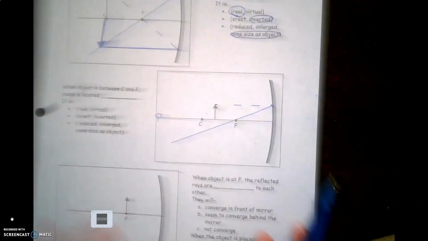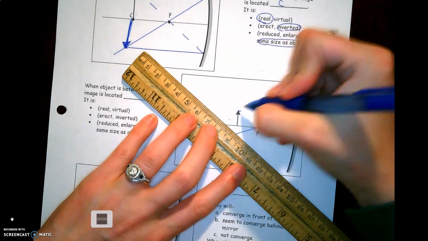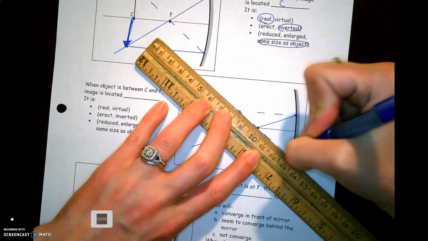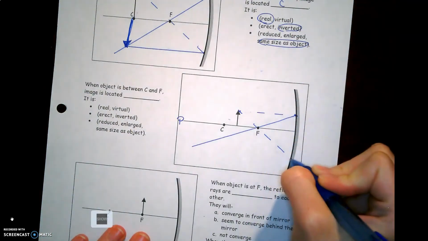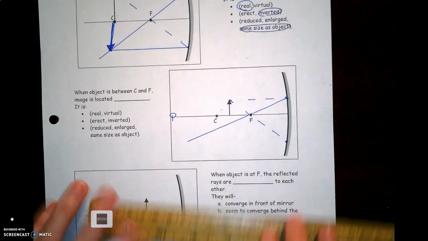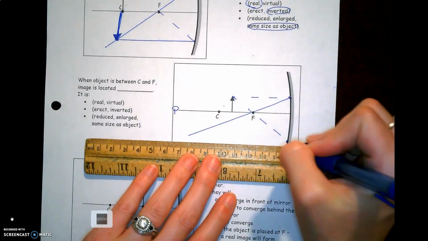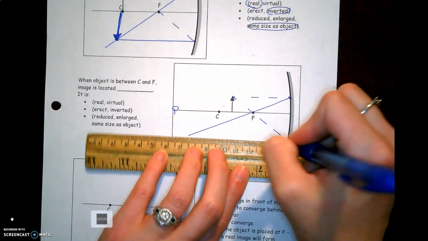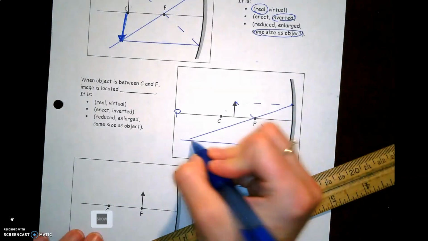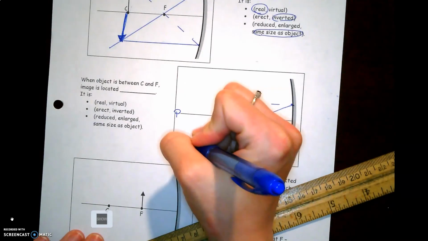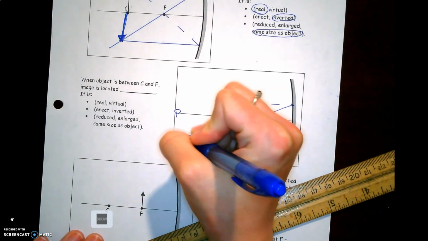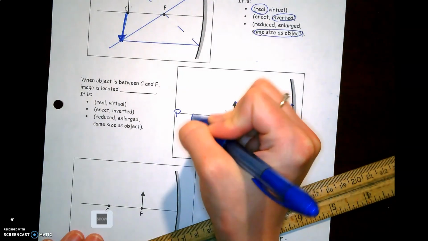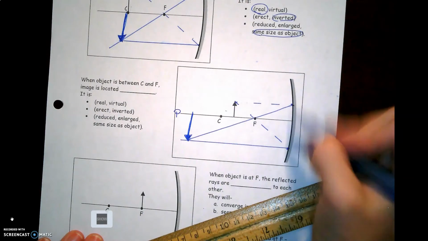Then we go to our second incident ray. Starting at the top of the object, we're going to go through F, and again, dotted line for an incident ray. And we hit the mirror, so we stop, and it's going to reflect parallel to P. So our two lines have connected here, so that is where the top of the image will be located, and we connect it to P. So that is what the image in the concave mirror would look like.